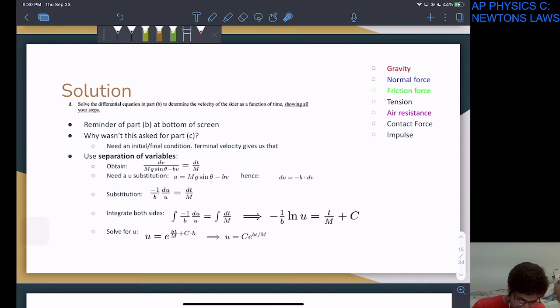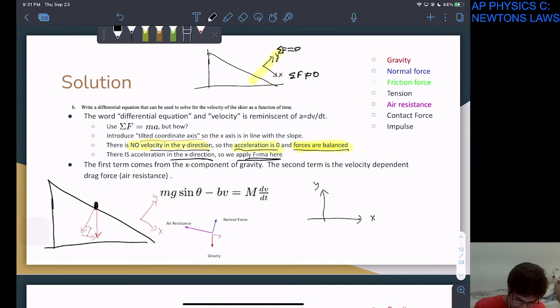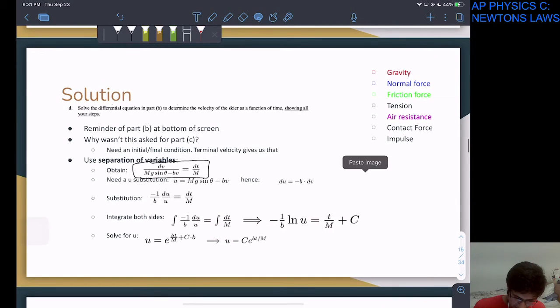This equation here comes from earlier. So if you take this equation and rearrange it, I'm going to copy this and paste it over here.